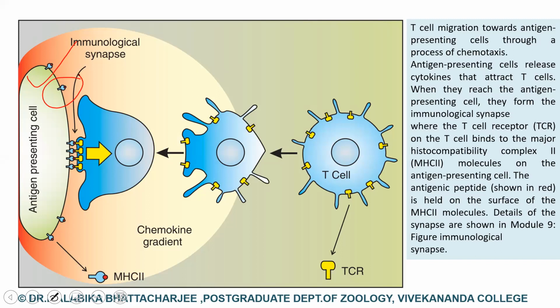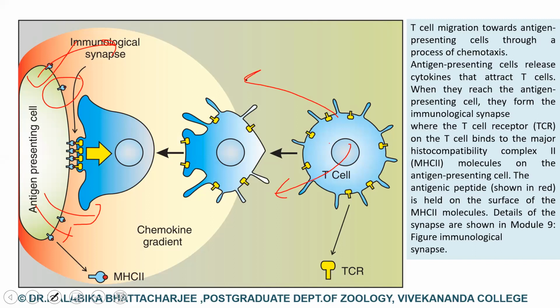The antigen presenting cells are simultaneously secreting cytokines. These cytokines, these are chemical messengers of the immune system, start attracting these T lymphocytes towards the antigen presenting cell.